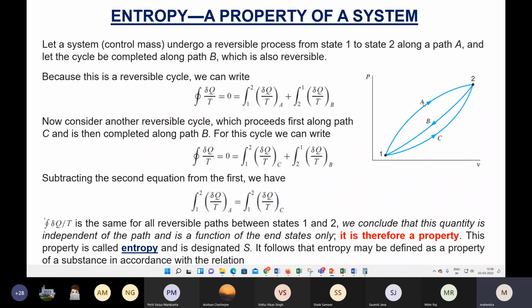In the case of work, if the process goes from 1 to 2 by following A, this total area comes. If it goes through process C, this small area comes. The work differs. Since entropy is a property, whatever path it goes, that doesn't matter; only where it is located matters.